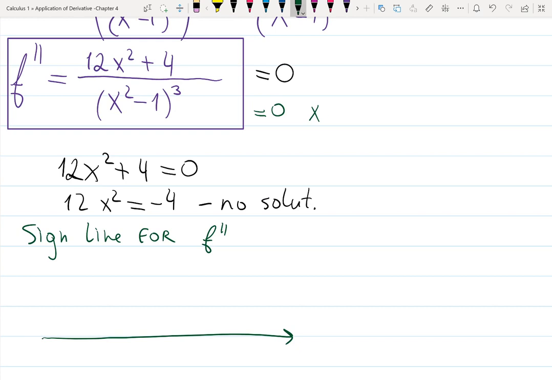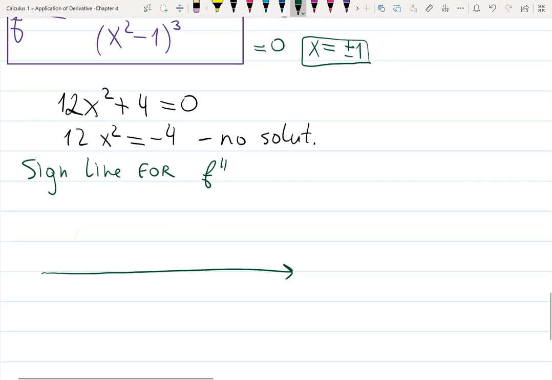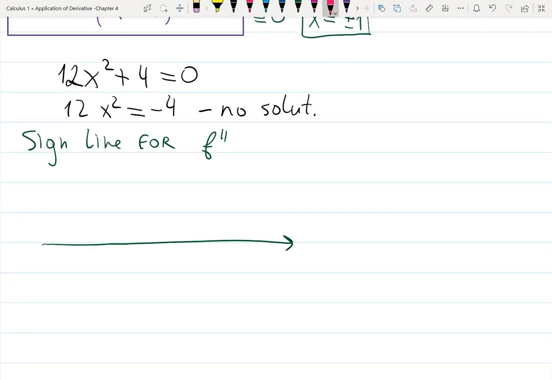And then you can say that x equals plus or minus 1 will be the one from the denominator. But they are coming from the original function, even from the domain, remember? So technically speaking, you don't have to claim that they're coming from the second derivative. Nothing new basically happened. So those are the only 2 points I will plug onto my sign line for the second derivative. And now I need to check using test points on those 3 intervals.